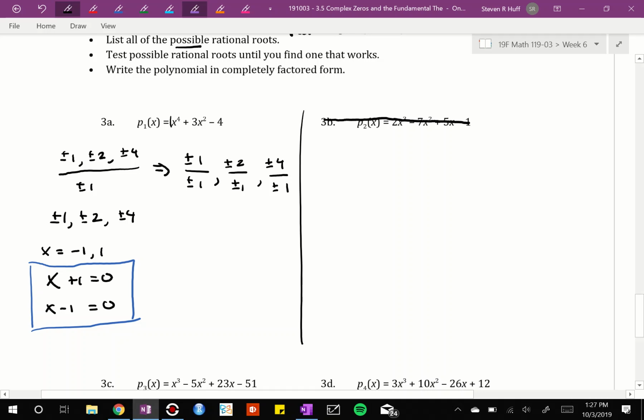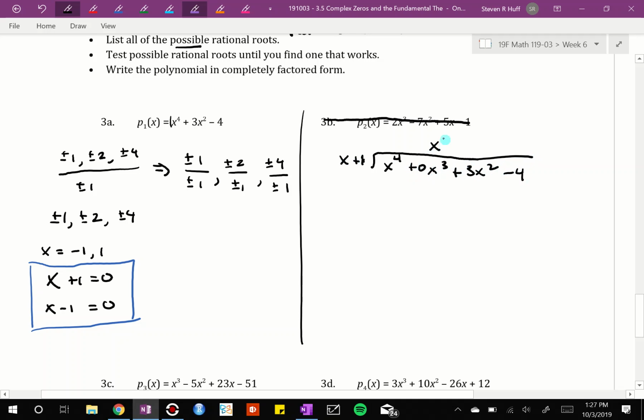So I'm going to use long division. You can use the box method or whatever method works for you. I'll start with x plus 1 here, and we'll divide into x to the 4th plus 0x cubed plus 3x squared minus 4.